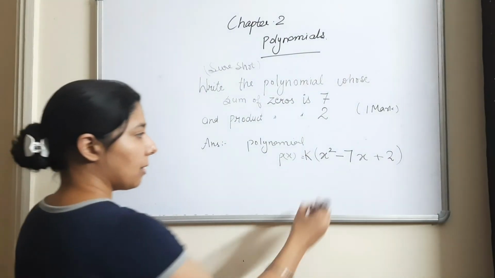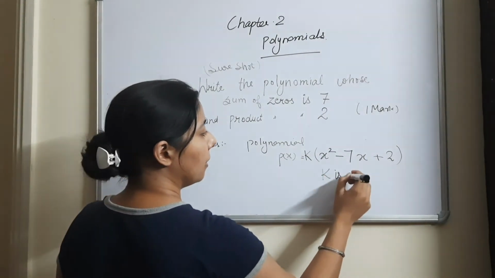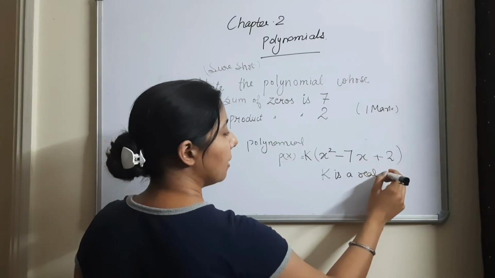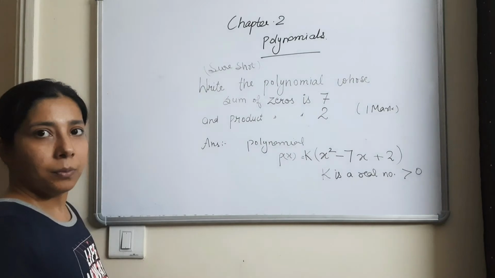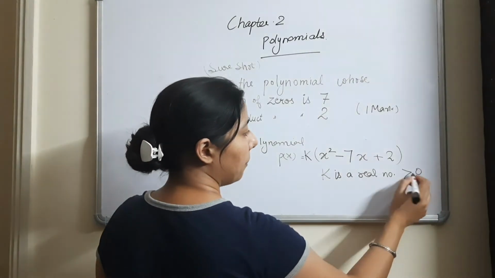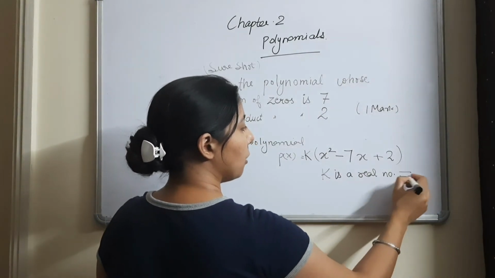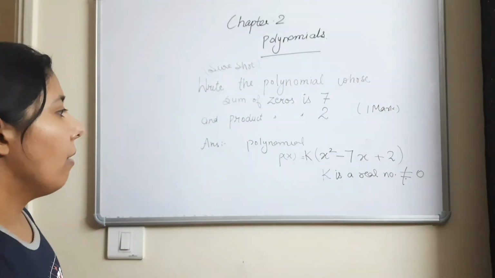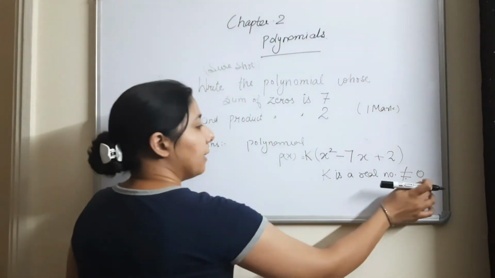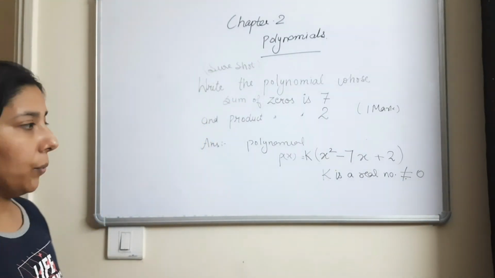Fine. K is a real number, and it is not equal to 0. So it is important to write that k is not equal to 0.